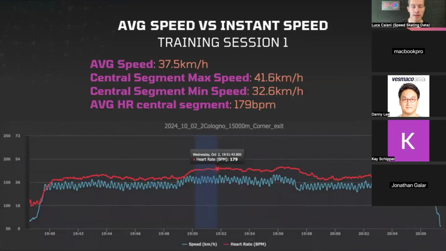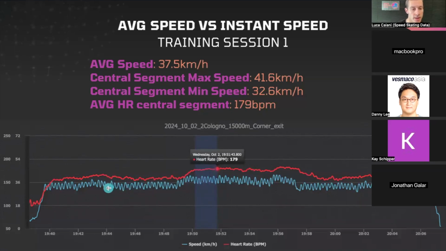And then we have this example. These are data from two training sessions with downwind with my athletes. As you can see at the bottom, we have the heart rate path. The red line is the heart rate monitor. The blue line is the speed calculated with GPS, but we will see more later. The training session is a 15 kilometer session with an acceleration at the end of every corner.